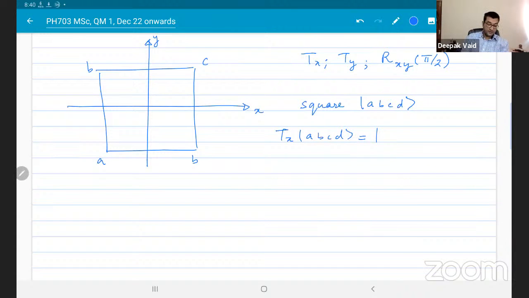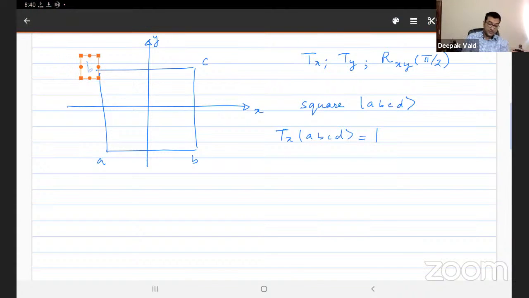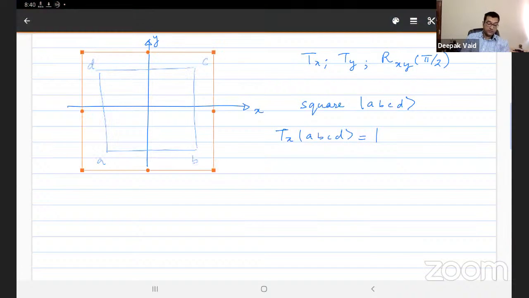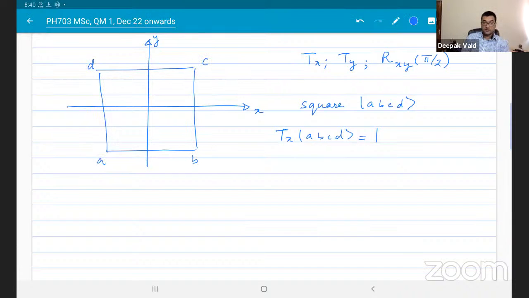Anybody? Which indices will be exchanged? What will happen to the vertices under Tx? You can just look at this picture and see what will happen. I'm reflecting across the x-axis. What happens?